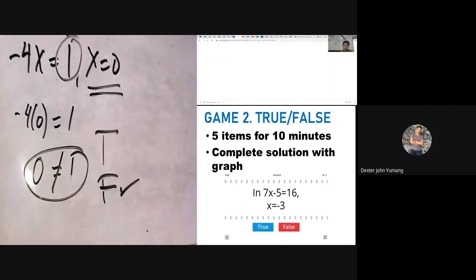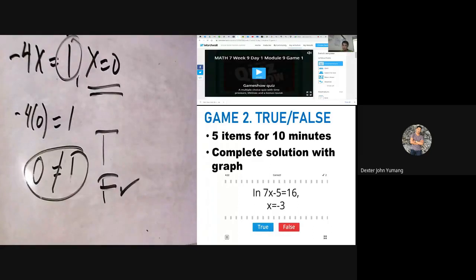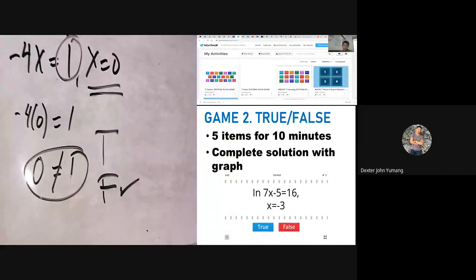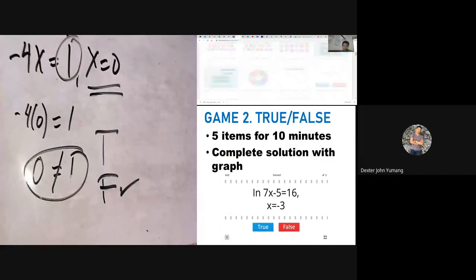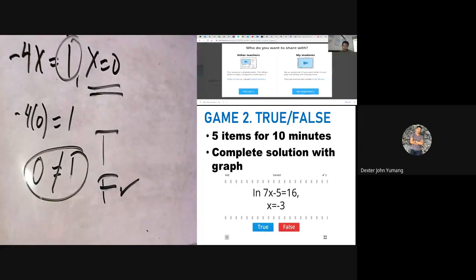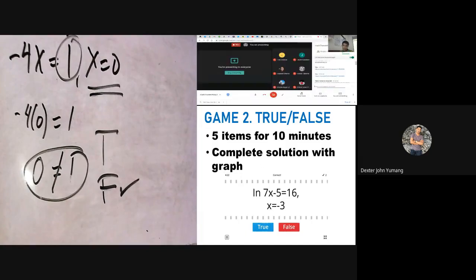We have 12 minutes to answer that one. Maybe 12 minutes, can you finish it? This is 20 over 20. So, 5 items for 10 minutes. 4 points for a correct answer, 2 points for a wrong one. So, how do you know if it is correct or wrong? I will be the one to check that.